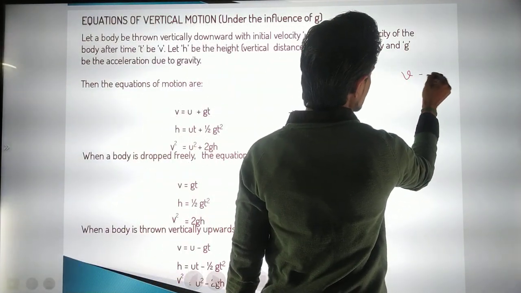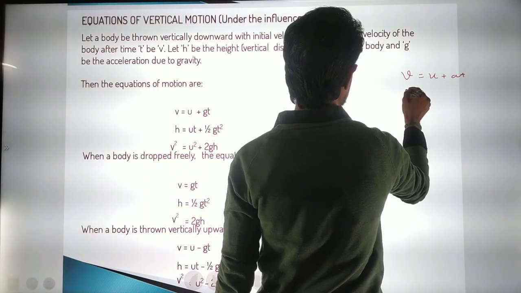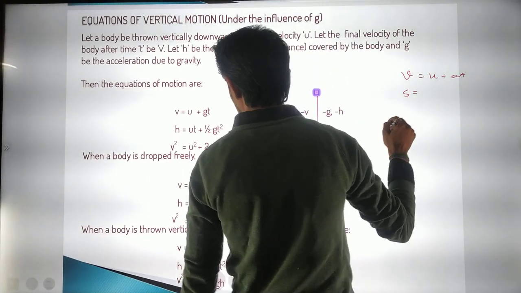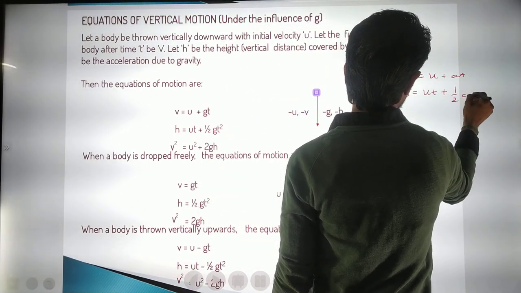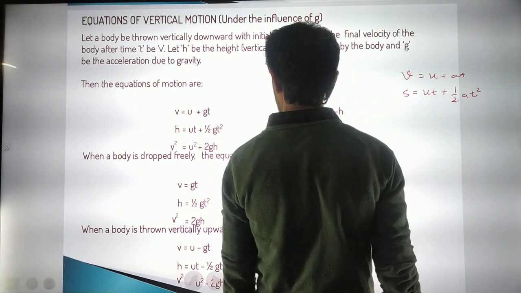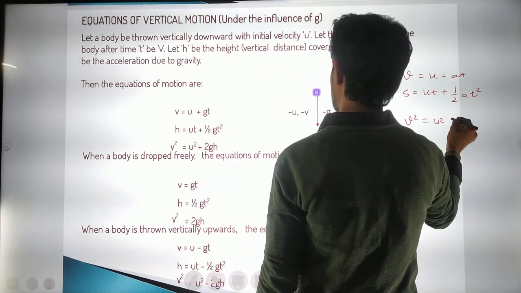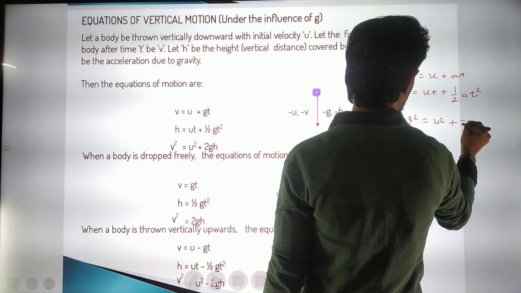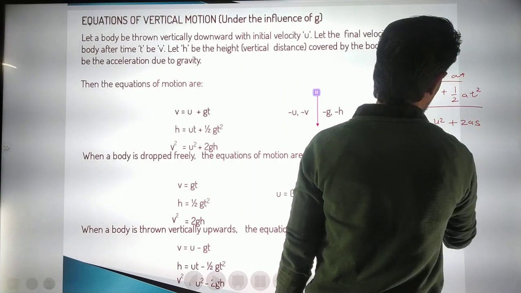V is equal to U plus AT. Then another law is S is equal to UT plus 1/2 AT square. Then the third law is V square is equal to U square plus 2AS. These are the three equations that we have already learned.